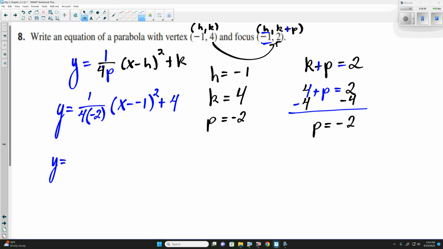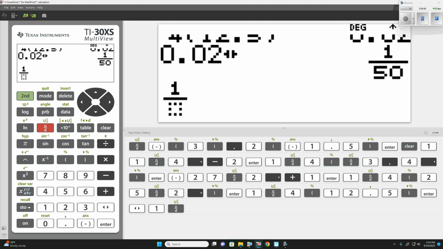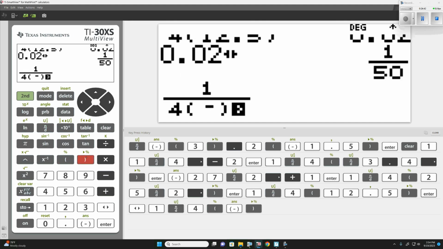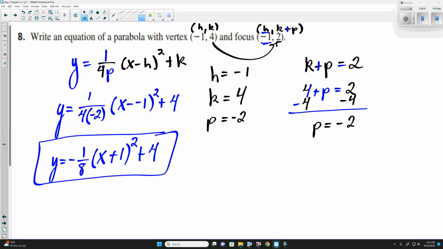Now we do need to simplify our 1 over 4 times -2. Well, 1 over 4 times -2 is -1/8. Now inside our parentheses, our x minus -1, a negative and a negative make a plus. So we get y equals -1/8 times x plus 1 squared plus 4.